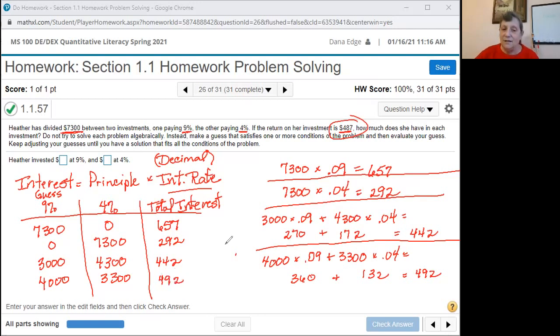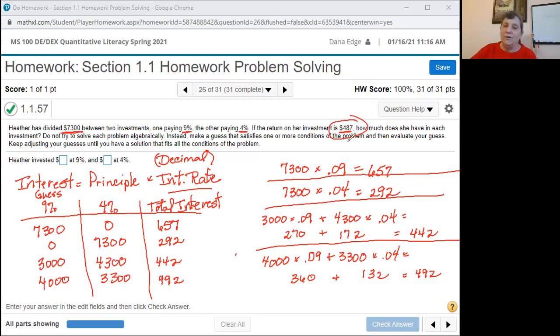Now, this is still slightly too large. To reduce this, we're going to have to move some of the money from the 9% interest to the 4% interest. So change your numbers, reduce this number just a little bit because we're really close, and keep at it until you get to the 487.